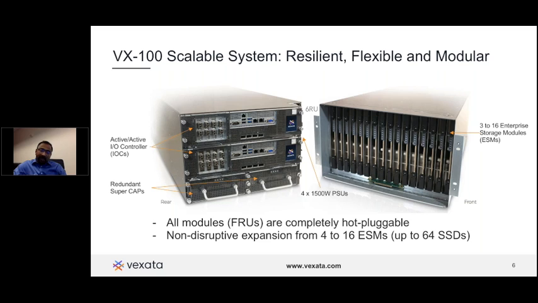As their capacity and performance needs grow, they can plug in more ESMs to get to higher capacity and higher performance. This feature that we call in-box scaling is going to be very interesting as we show you how Oracle can be scaled with the Vexata array.